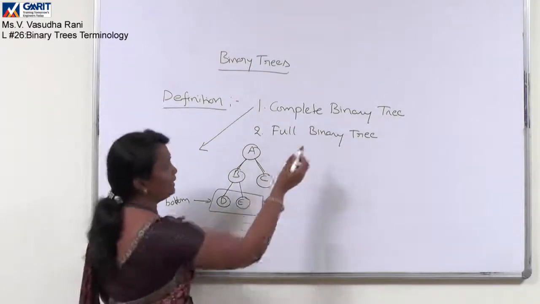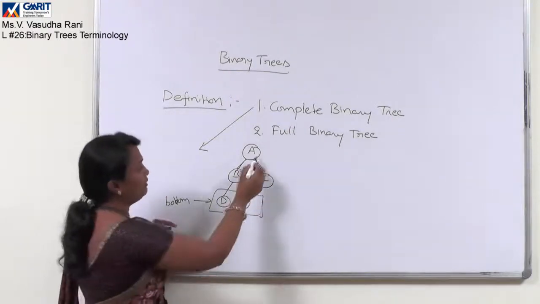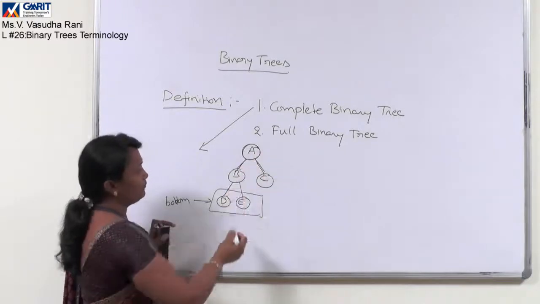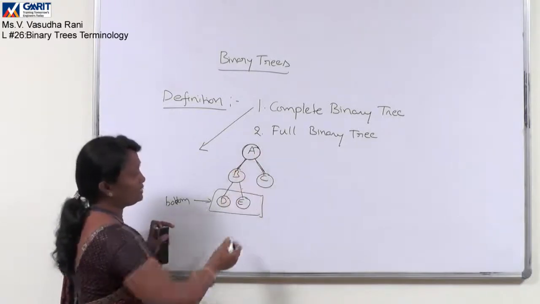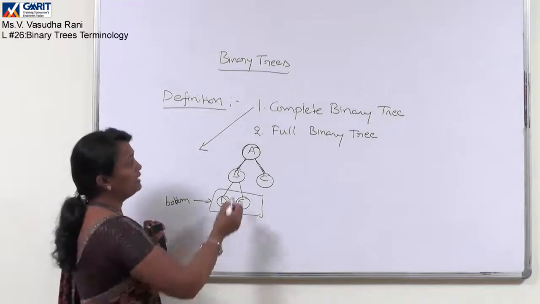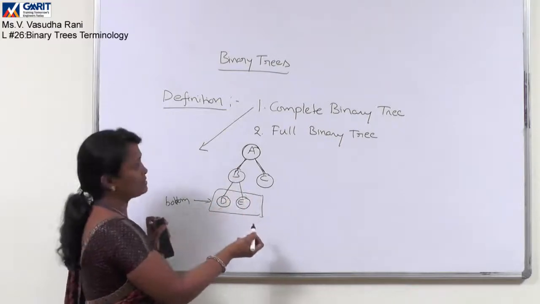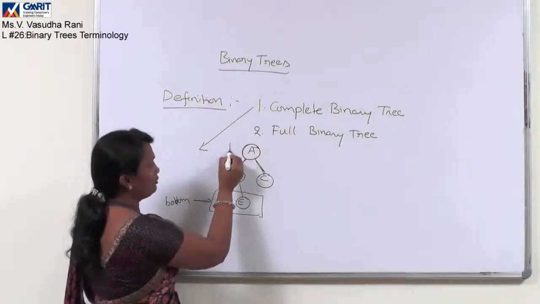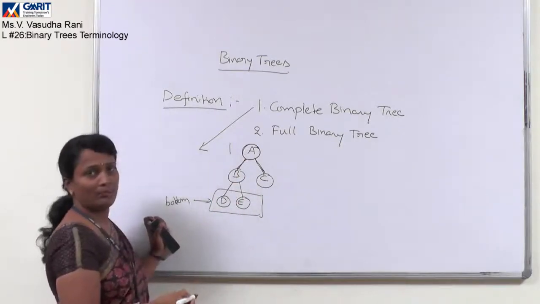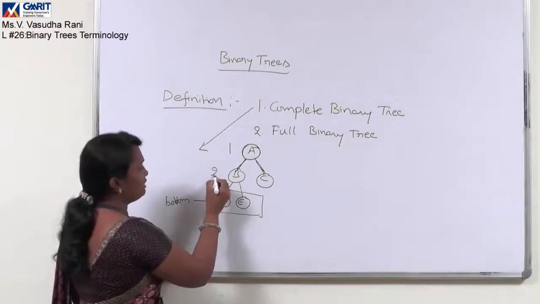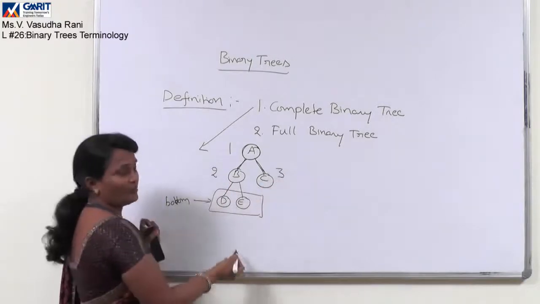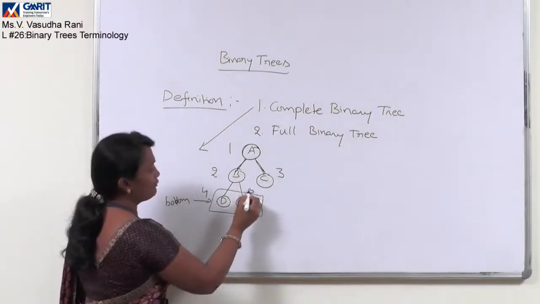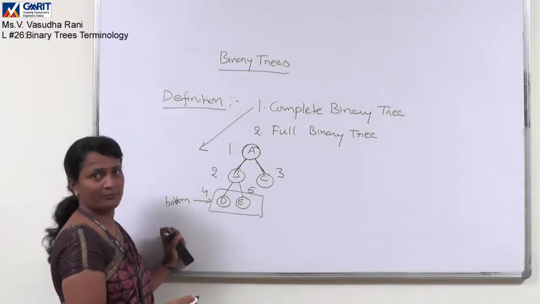This is complete binary tree, and here with the complete binary tree, one characteristic of this binary tree is that numbering is defined with the nodes from left to right direction. Starts from the root node, root is given the numbering 1, and the next level there 2, 3, next level there 4, 5.